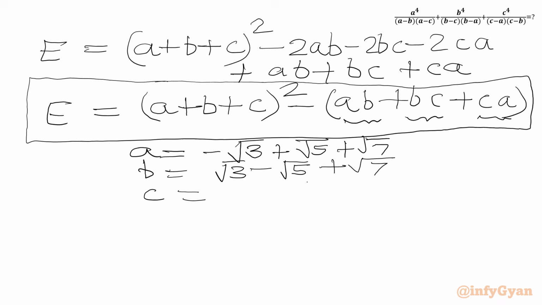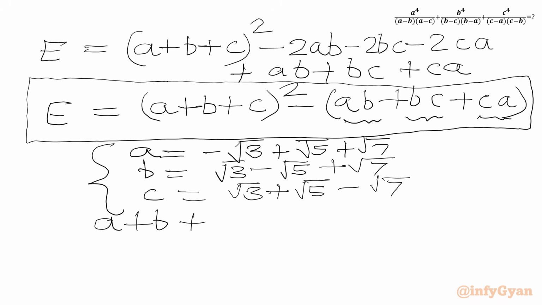C is given to us: square root 3 plus square root 5 minus square root 7. If we add these three, we are going to get a + b + c = root 3 plus root 5 plus root 7.